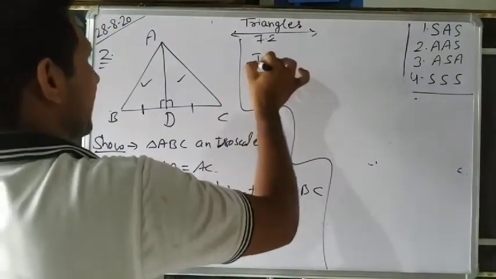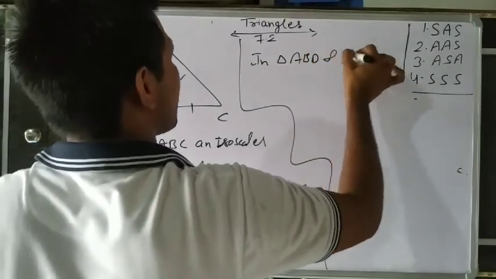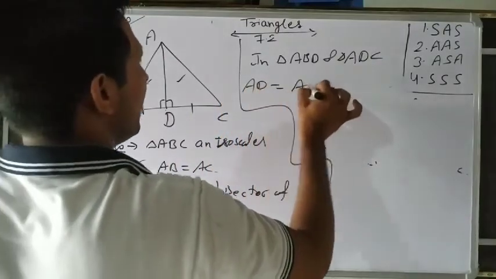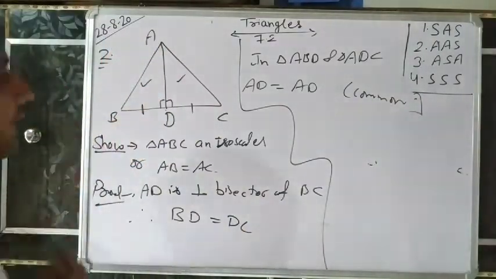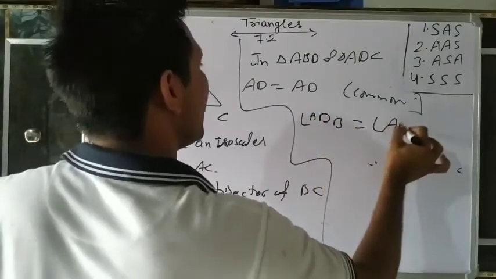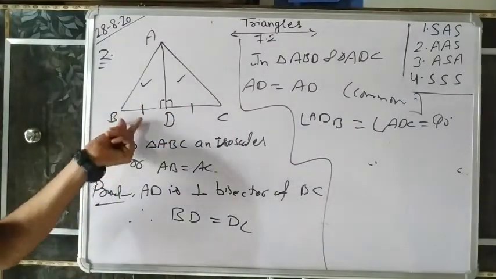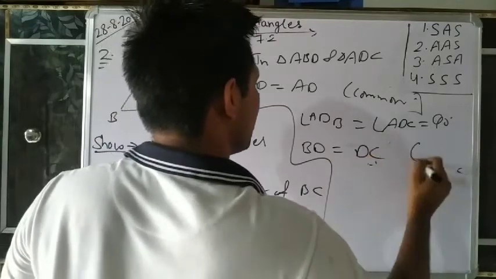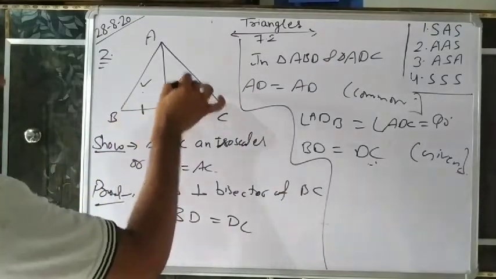Now, in triangle ABD and triangle ADC, AD equals AD, common. Next, angle ADB and angle ADC are both 90 degrees. Next, BD equals DC, it is also given. So this triangle and this triangle are congruent.